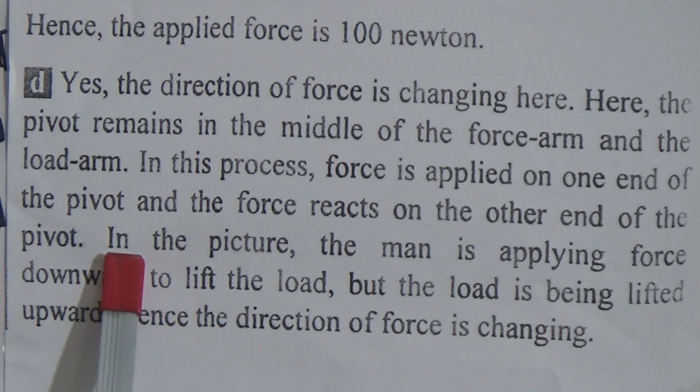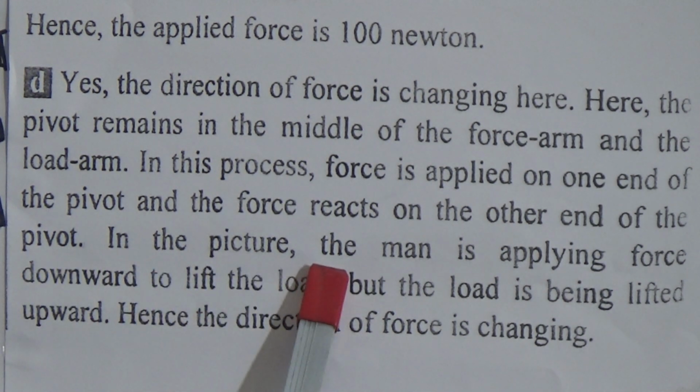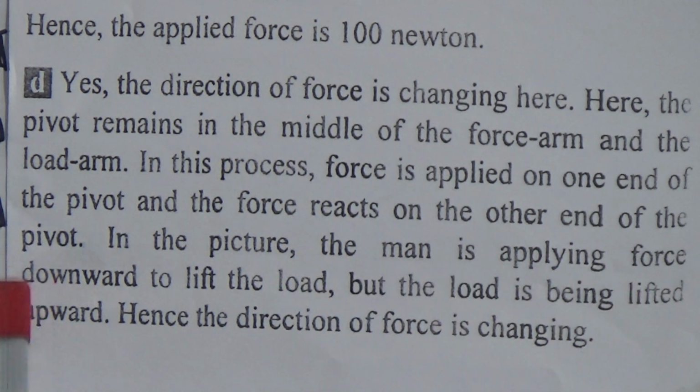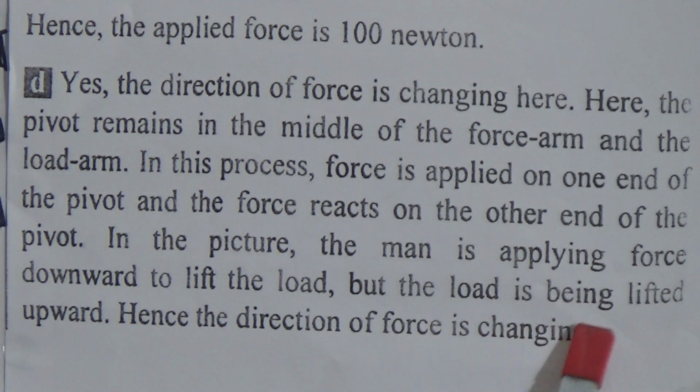That means the person applies force on the force arm, but this force is working on the load arm. In this picture, the man is applying force downwards to lift the load, but the load is being lifted upward. That means the man is giving force downwards.